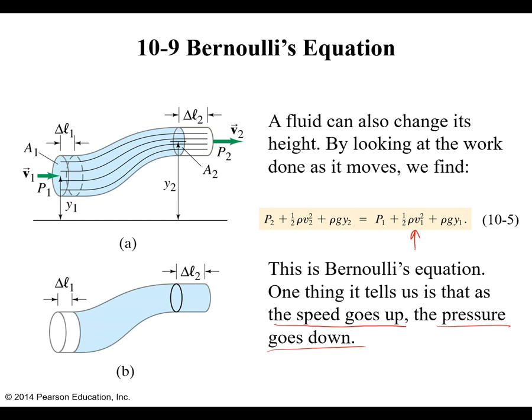The velocity goes up, so your kinetic energy term goes up. Therefore, either the height has to decrease or the pressure has to decrease. But if you have a constant height, then that means pressure definitely has to decrease. But you have a relationship where you can see what happens to your pressure based on what your velocity and your height are doing.